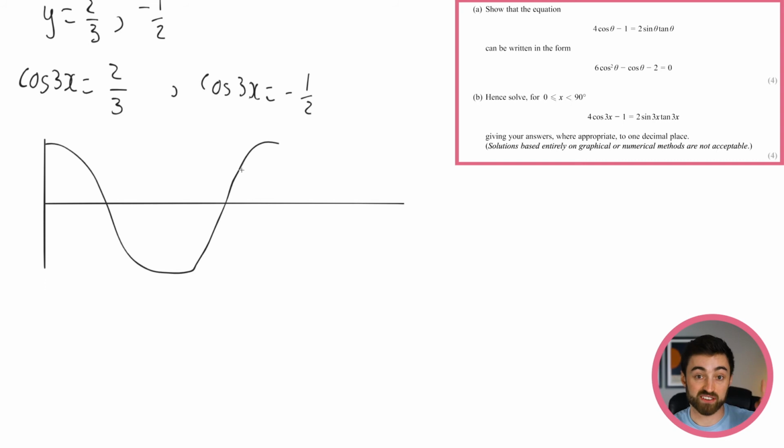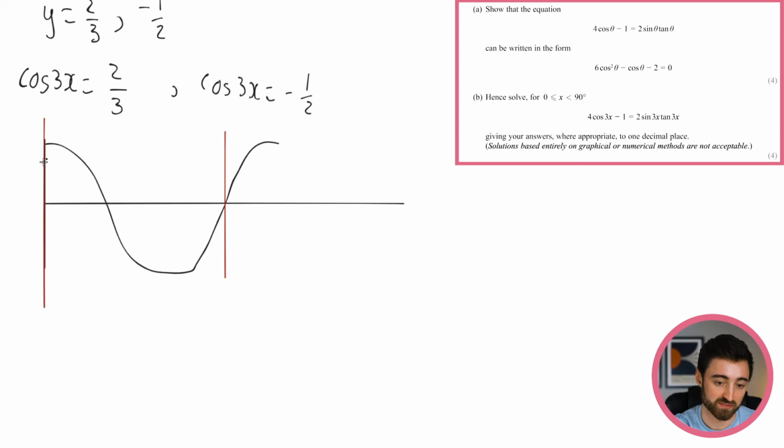Now, my range here is 0 to 270. This is 270. So what this tells me is I'm actually only looking for solutions between here and here, basically. So I'm working within the red walls. So I'm going to draw horizontal lines corresponding to 2 over 3 and minus a half, and then we're going to see where these graphs intersect.